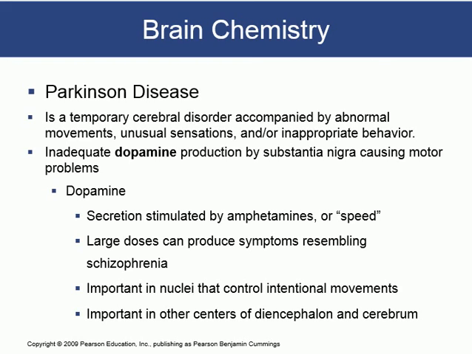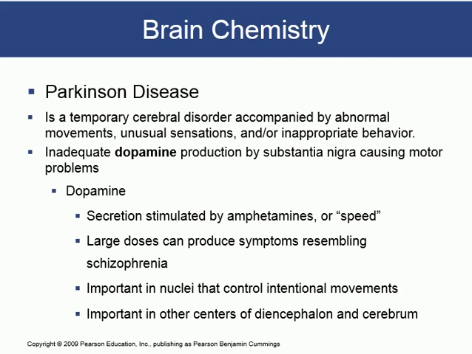How about depression and anxiety? Serotonin. Parkinson's disease, dopamine. You have a problem with dopamine. Dopamine is secreted from something called the substantia nigra. And what does nigra mean? Black. The substantia nigra is a black spot in the brain that produces dopamine.